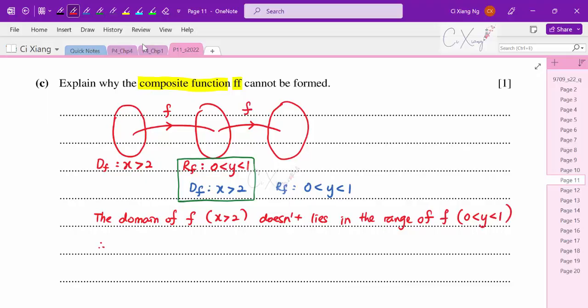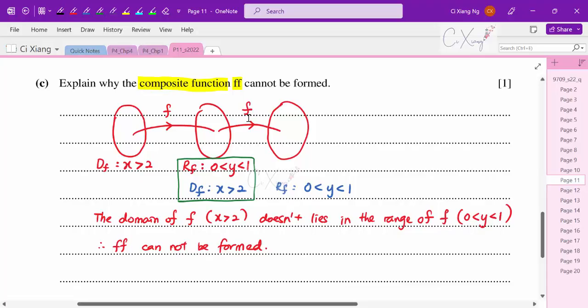Alright, so that's the reason why the composite function ff cannot be formed. So this is how we can explain it by looking at the arrow diagram for the composite function. Okay, so this is how we solve question number 6.